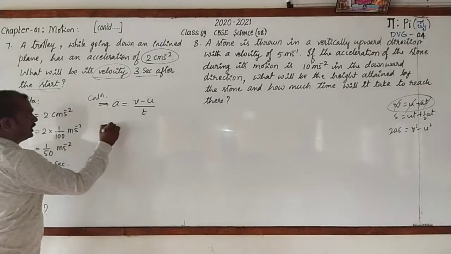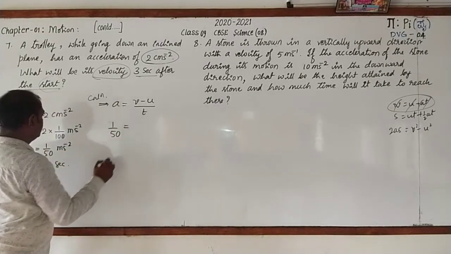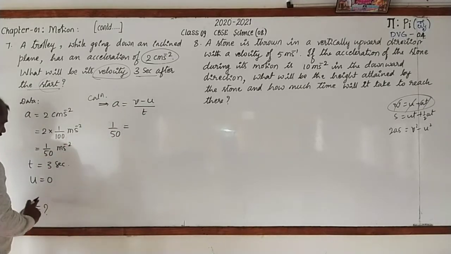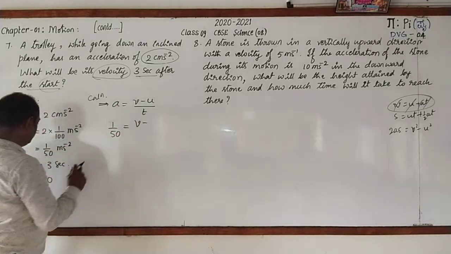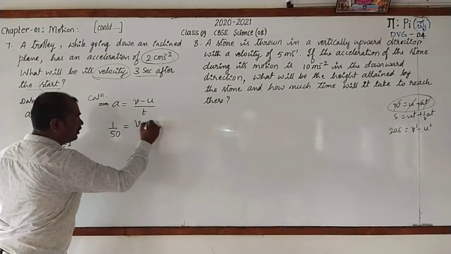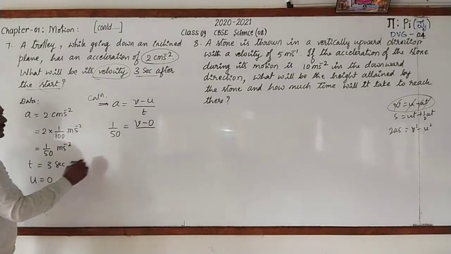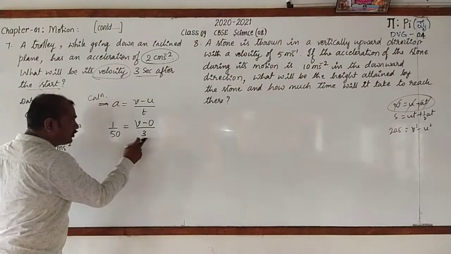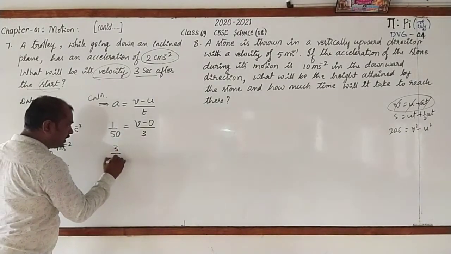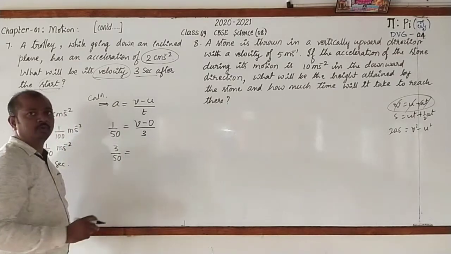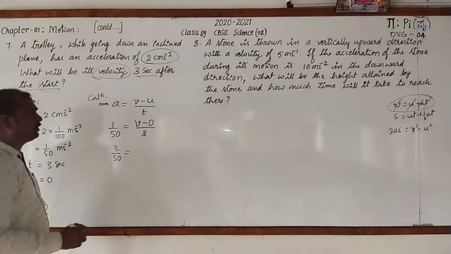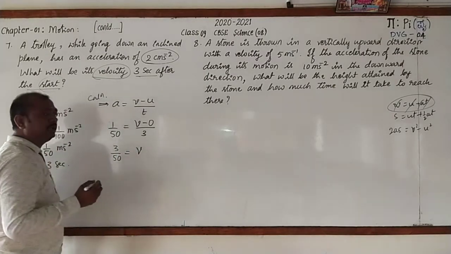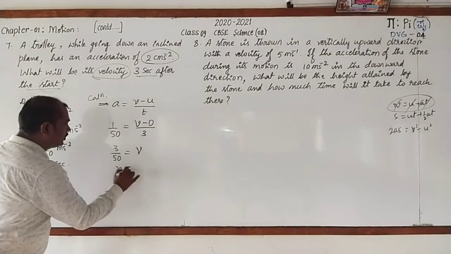It is 1 by 50, equal to v is unknown, u is 0, time is 3 seconds. Clear? Next, go for cross multiplication. It is 3 by 50, which is equal to v minus 0. What is v minus 0? It is just v only. So v equal to 3 by 50.